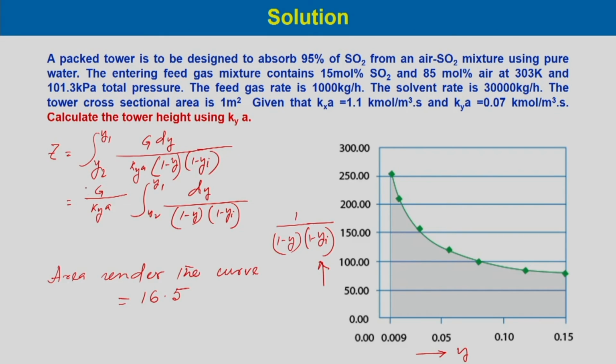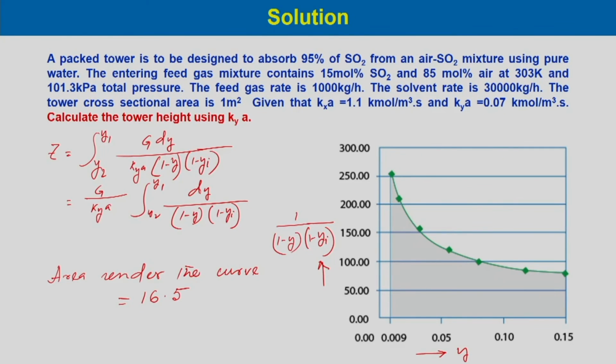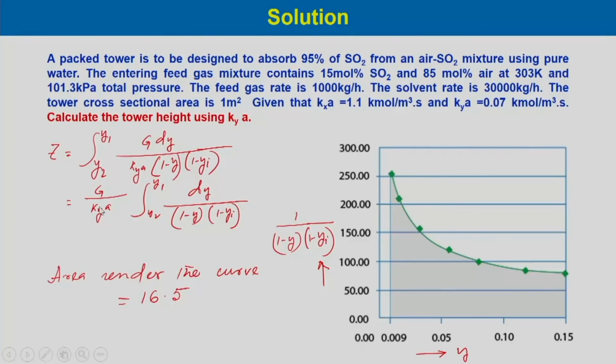So, we know the value of this integral. We have to calculate G; we will take the average value of G because it is changing because of the solute transfer. Ky a is given, so we can calculate the height of the tower.